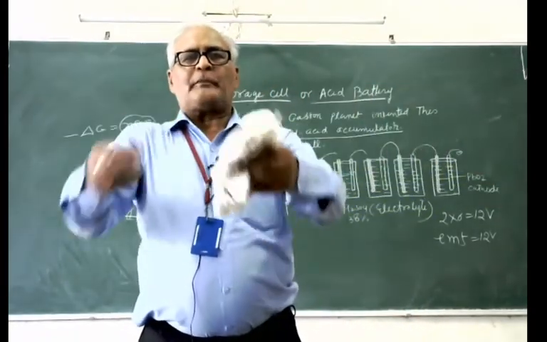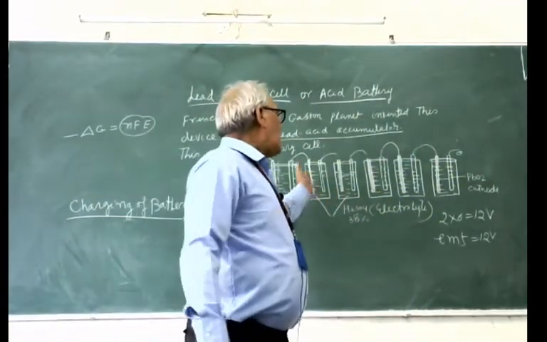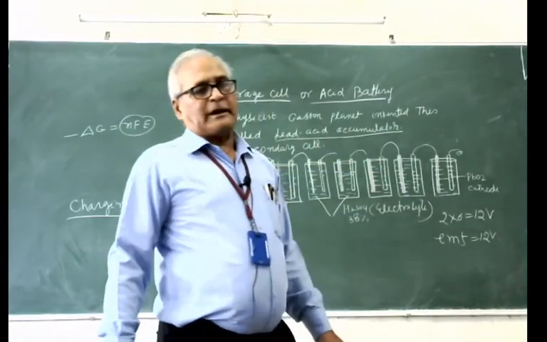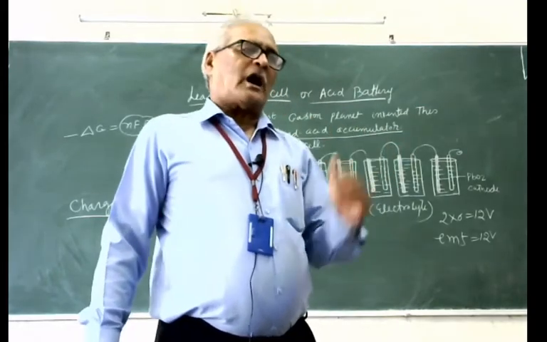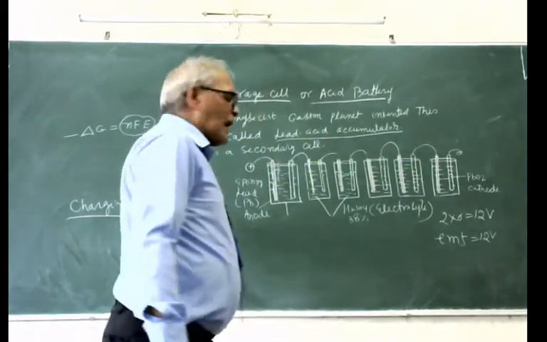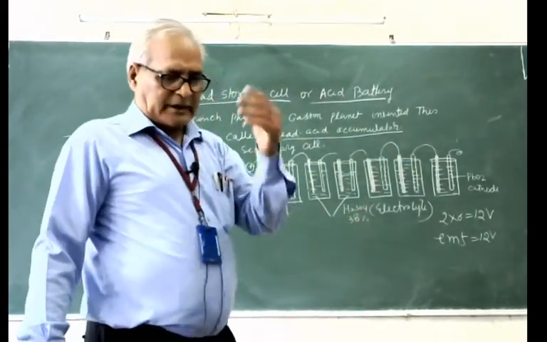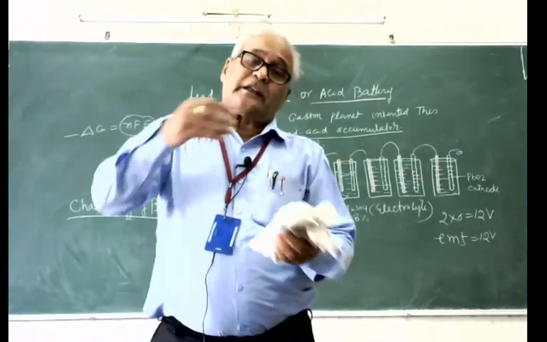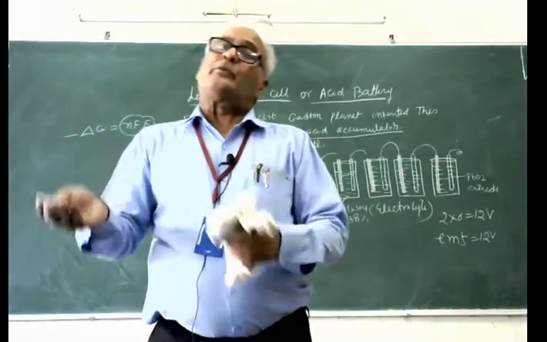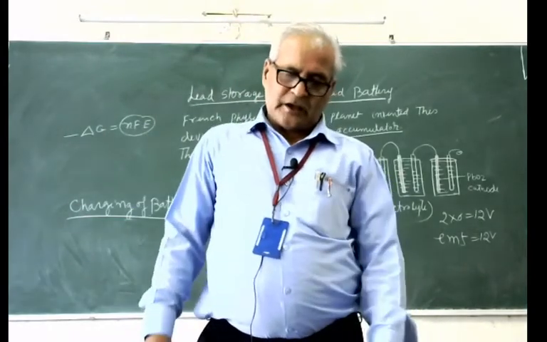All plates are combined together, giving the 12-volt battery. So when the battery is discharged, lead sulfate is formed, as you have seen in the chemical reaction. So when you put electrical energy from outside, the reverse reaction will take place.